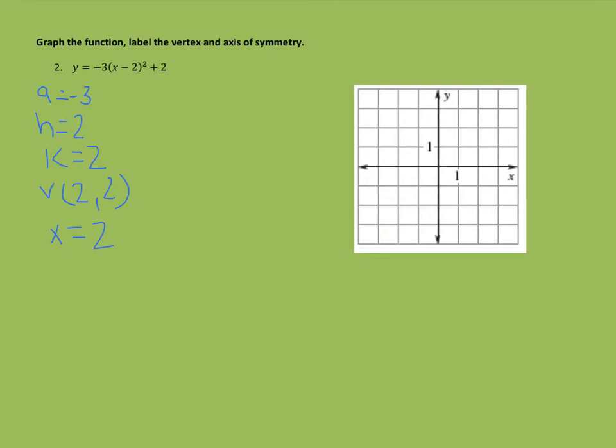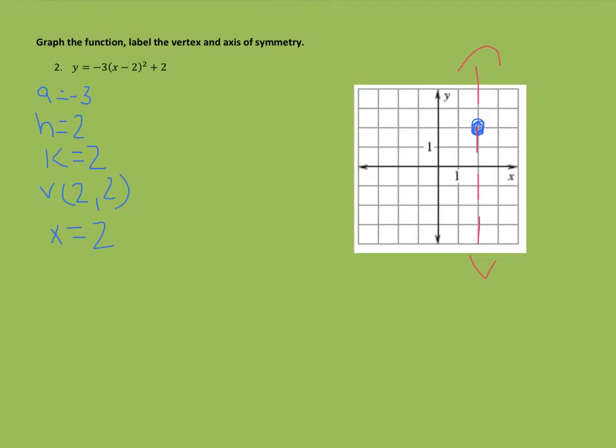So if I go 2, 2, nope, that's 1, 2. Erase that. So if I go 2, 2, draw the axis of symmetry. Now we just need 2 other points. So I'm going to plug in 1 and plug in 3.